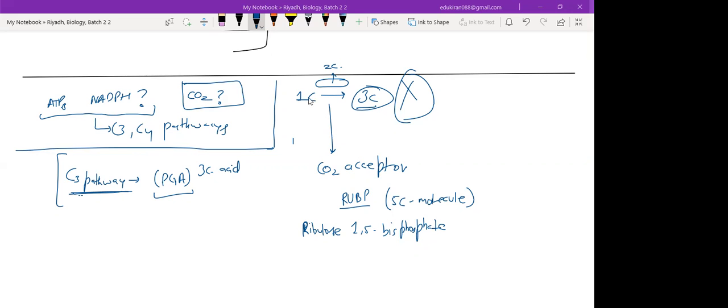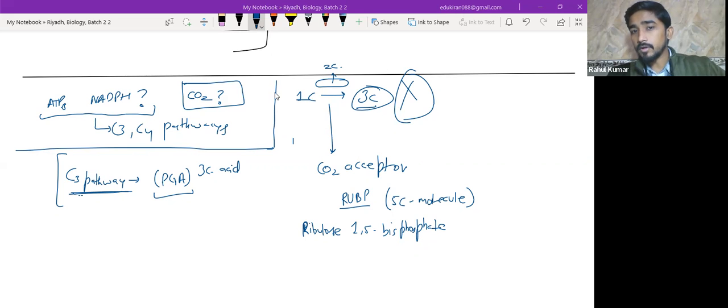So I was just telling that CO2 is a 1-carbon molecule. The first pathway that got discovered was the C3 pathway, called C3 because the first stable product of CO2 fixation is a 3-carbon acid called PGA, phosphoglyceric acid. CO2 coming in is a 1-carbon molecule, so scientists normally thought that a 2-carbon molecule must be the CO2 acceptor.